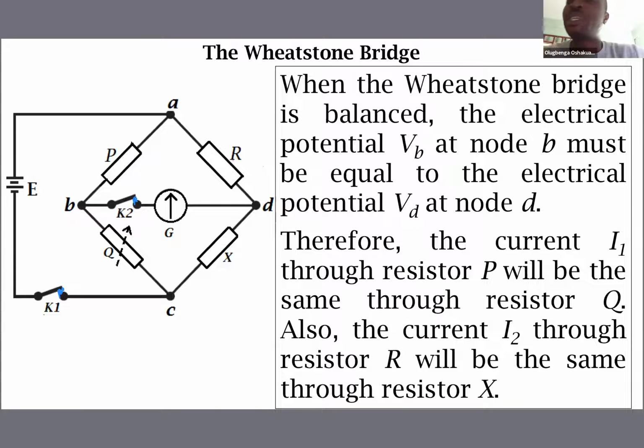It also means that the potential at point B, let's call it VB, is equal to the potential at point D, VD. When they are equal, we should not expect current to flow from B to D or from D to B.